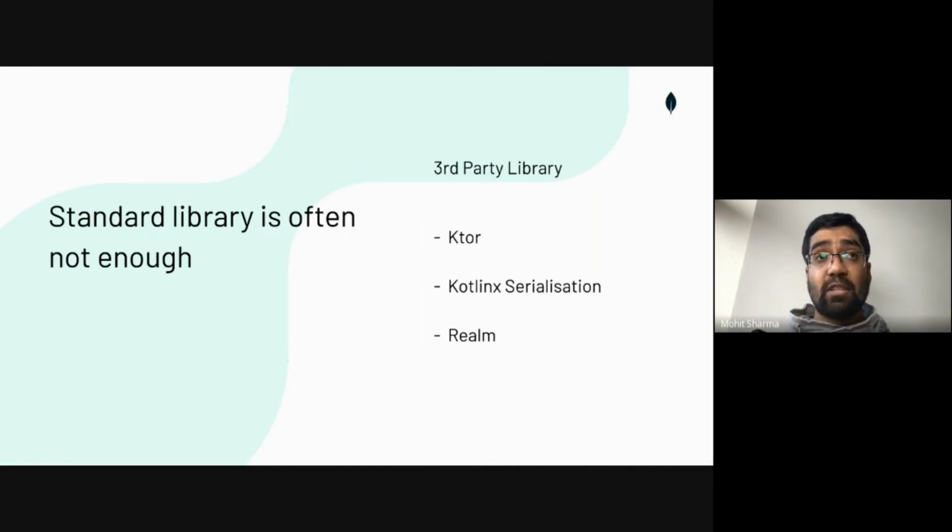Sadly, you cannot use SQLite for now because it doesn't support Kotlin Multiplatform, or you'll have to write two different applications, one for SQLite or Room and another for Core Data. So I would suggest you move ahead with Realm. It also has a Kotlin Multiplatform API.